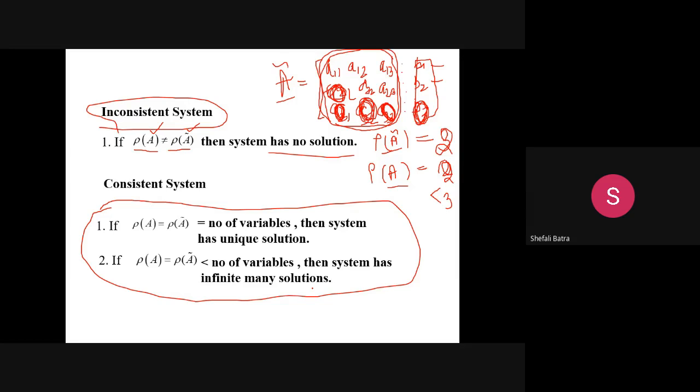So in short, by finding the rank of augmented matrix, you can write the rank of coefficient matrix as well. But while finding the coefficient matrix rank, you forget this column. I hope it is clear. Till here, any doubt?